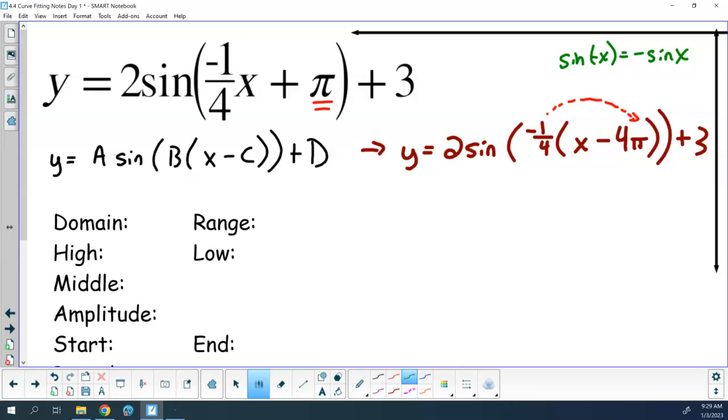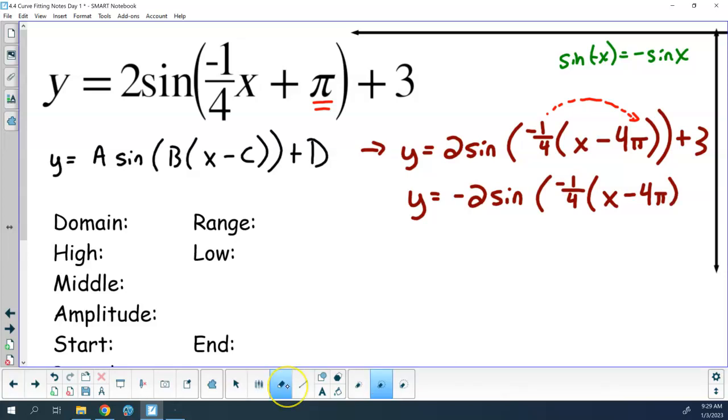So I could really write this as y equals negative 2 times the sine of negative 1/4 times the quantity x minus 4 pi. Oops, correction, I forgot to take the negative sign out of positive 1/4. Then plus 3.